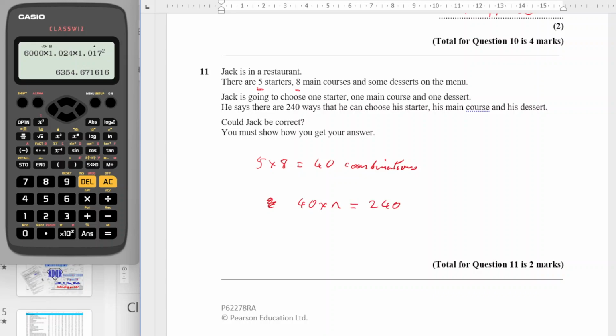So for example, if there was only one dessert, there would be 40. If there were two desserts, there would be a total of 80 combinations, and so on. So if we do 240 divided by 40, that's going to give us 6. So could Jake be correct? Yes, if there are 6 desserts.